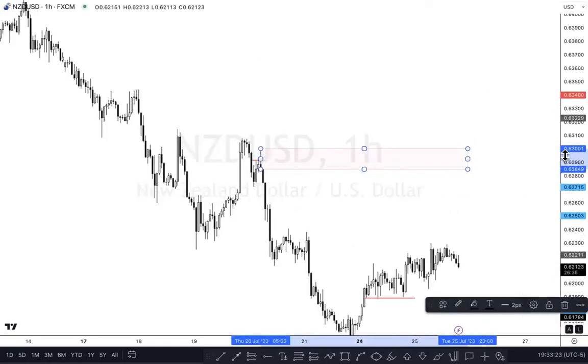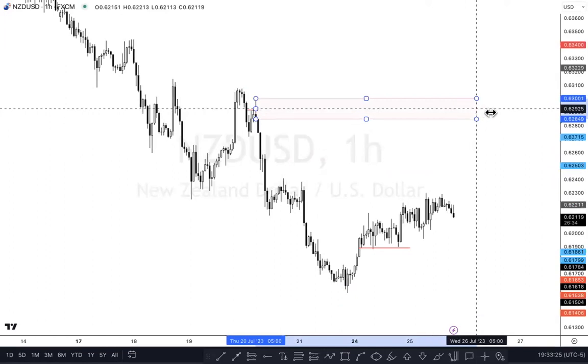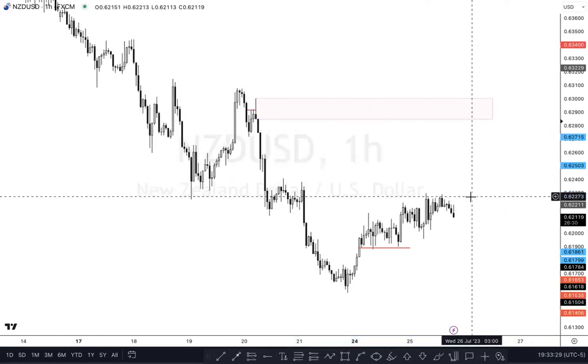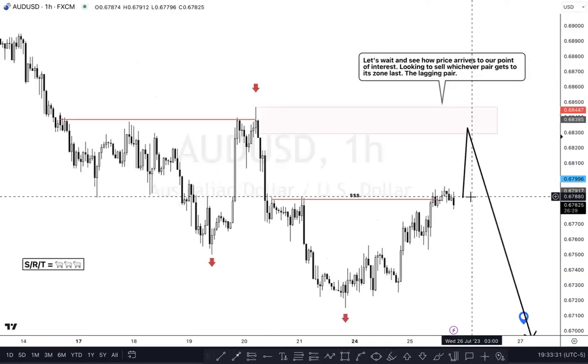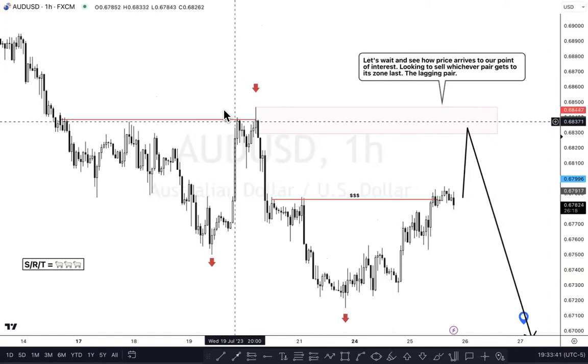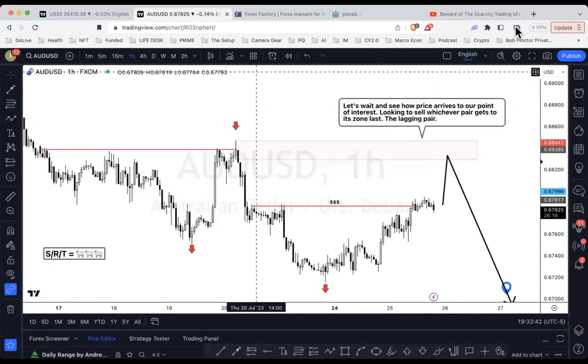In reality, it might be NZD USD that might be giving us the sell opportunity. So we can't just look at AU. We have to understand, okay, what else correlates with something like this? So I'm gonna give you guys a tool, a resource.